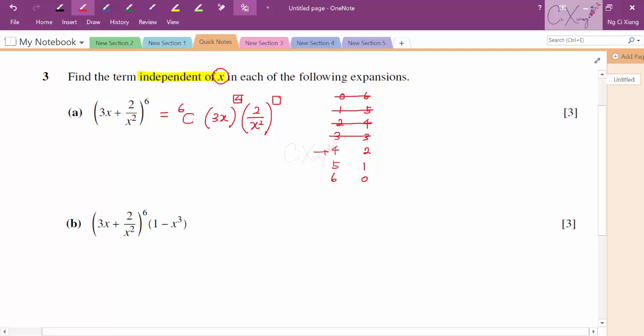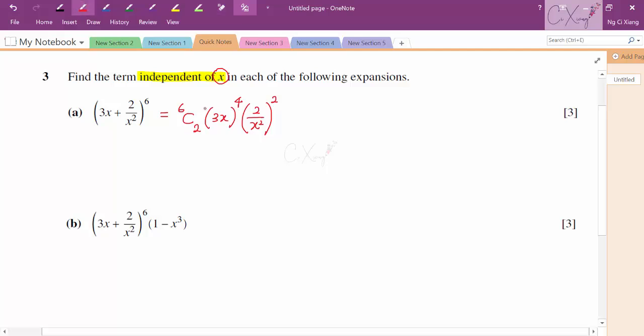So if I substitute 4 here and 2 here, x to the power 4, I get a 4. 2 squared, power 2, I also get a 4. Then from here, x to the power 4 divided by x to the power 4, you get a constant term. So this is how we decide the correct powers. All right, so I'm having the 4 and also the 2. And for the combination 6C, the number here will follow the power at the back, which is 6C2.